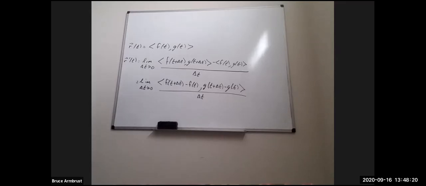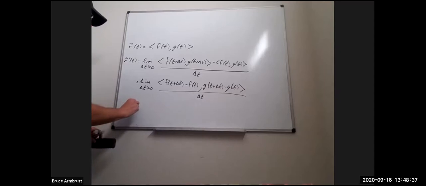Okay, so now let's divide by delta t. Well, dividing by delta t, that's a scalar, so all we're going to do is distribute it through.